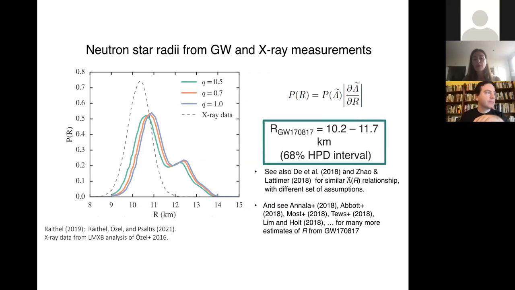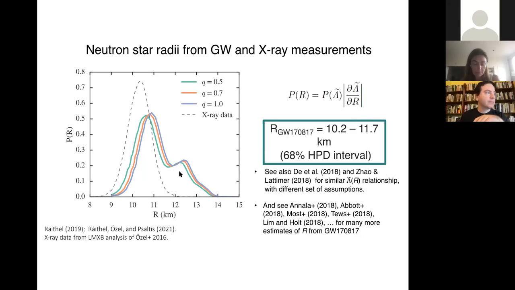So what that means is that if I have a posterior for the effective binary tidal deformability, we can turn it into a posterior for the radius, which is what we've done here. For reference, this is the X-ray data from the first method that I showed you. And these are the posteriors that you obtain for radius from 1708-17 using this mapping between lambda tilde and radius.